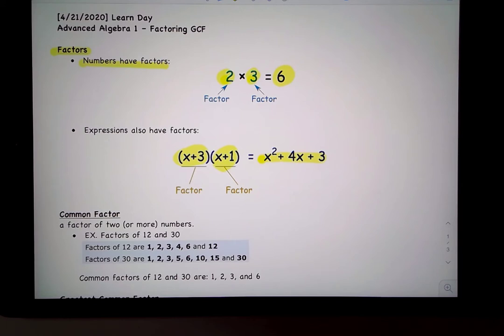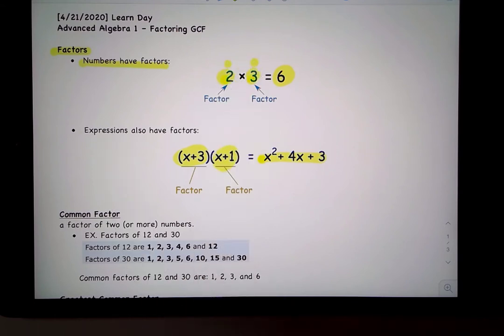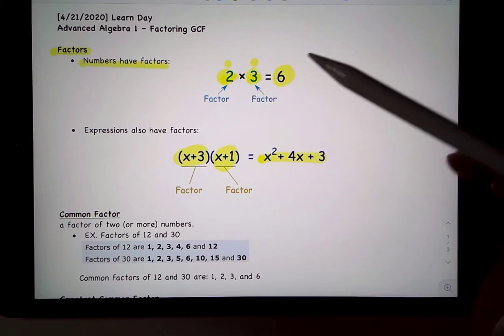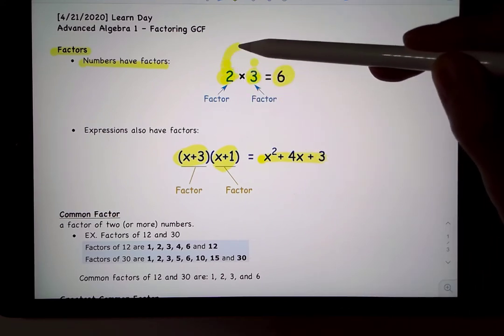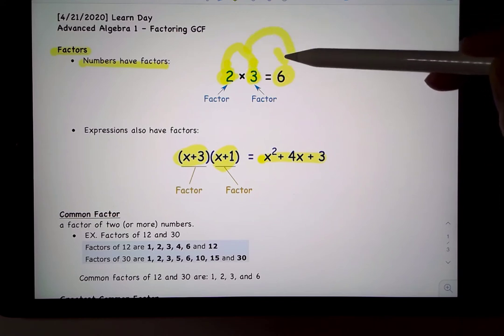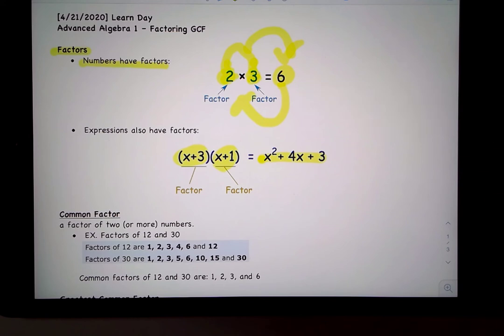If you can express something as a multiplication of two or more things, then those could be your factors. When you multiply these two, you get this one. When you break it down, you get factors. So we will find the common factors.